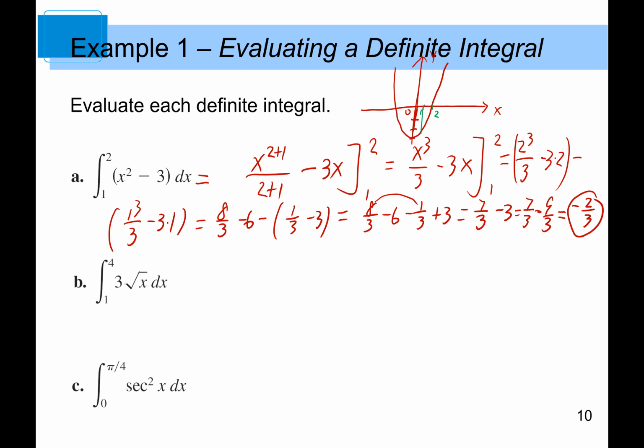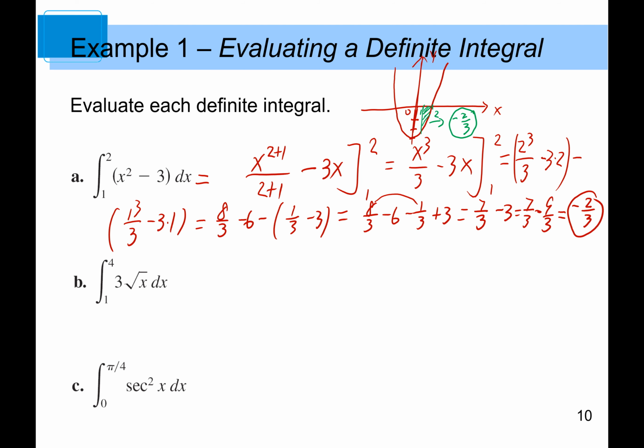Looking at this narrow area right here, since it's underneath the x-axis, that means this area is going to be negative. That's why I end up with negative 2/3 as the area under the curve. So anytime you see the area under the curve is below the x-axis, the area must be negative.